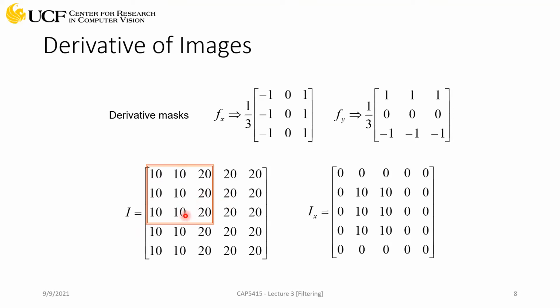Your intensity is 10 here, it's 20 here, so it's increasing. And if you look here, you see a 0, so just ignore the border, but then you see a high change, right? And then everything is constant. So everything was constant, then you see a change, and then everything is constant. So these numbers are indicating that there was some change in this x direction when you move from left to right. All right, so we'll talk about that more.